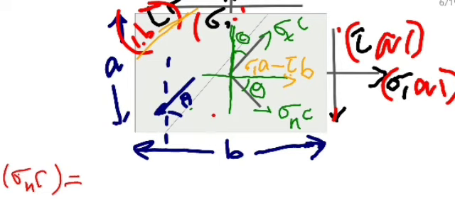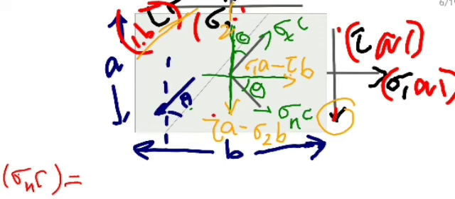And in the perpendicular direction, this way if I am considering, we have this tau, so tau times a, and here we have minus sigma 2 times b. So just take the components. Simple.